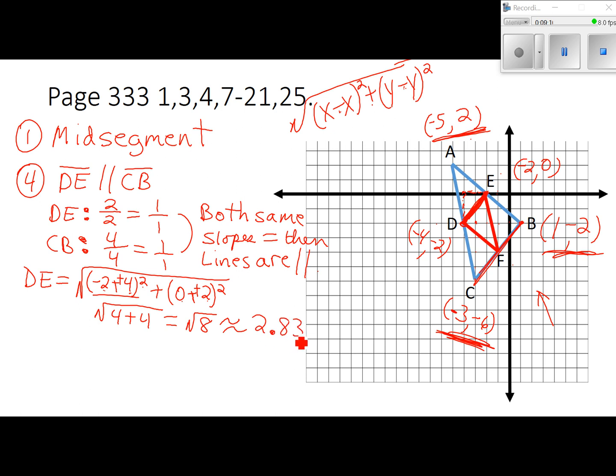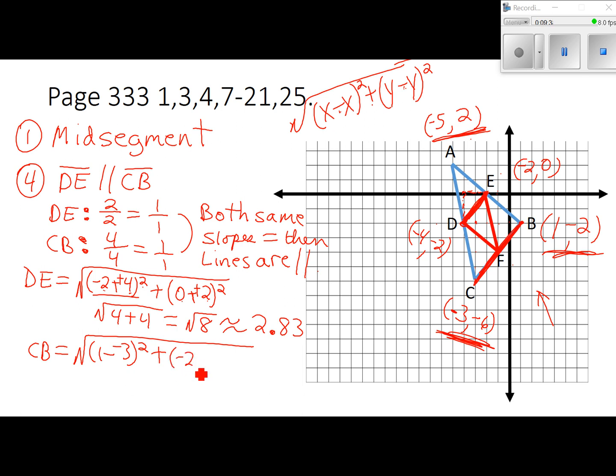Now we want to do the same thing for segment CB or BC, whichever way you name it. This time our x's are -3 and 1, so I'm going to go 1 minus a -3, squared, plus our y's, which are -2 and -6.